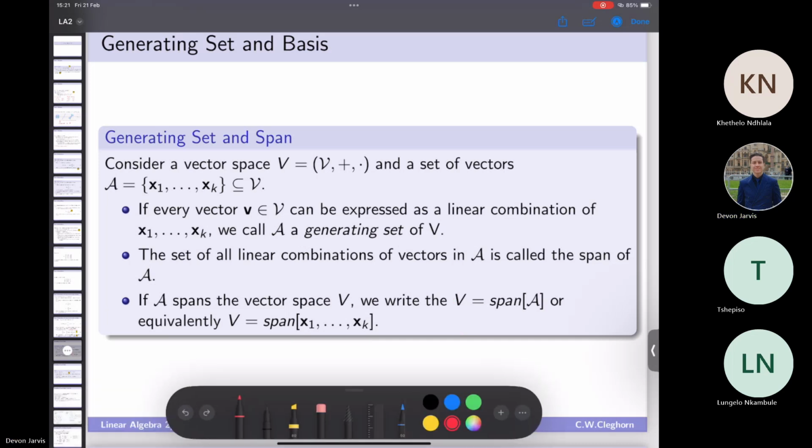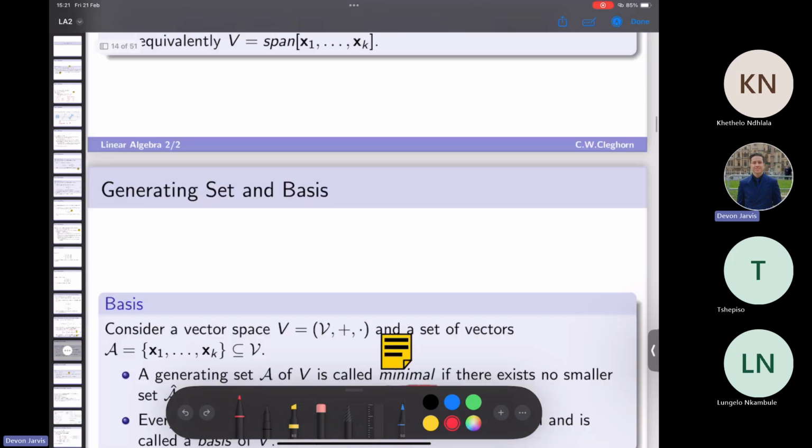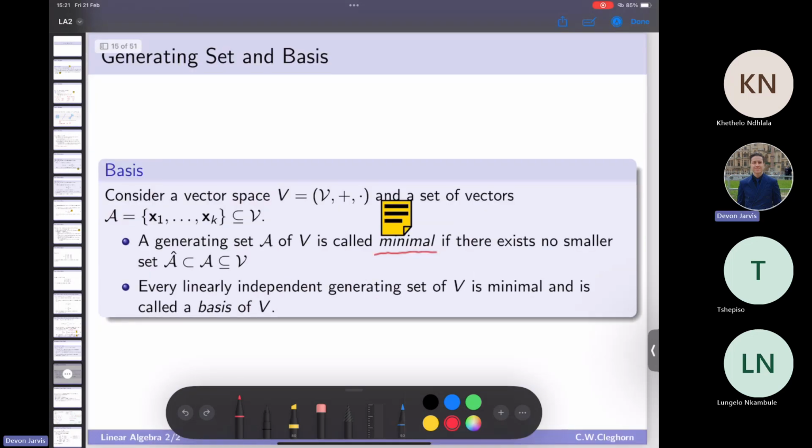It's important to note that this doesn't necessarily make A a basis. The fact that I can generate all of this big vector space V from A is not a sufficient condition for A to be a basis, but it is one of them. A basis needs to be a generating set of V, but it also needs to be minimal, in the sense that if I can drop one of these x's and still generate V, then I'm not in a minimal generating set, so it's not a basis.